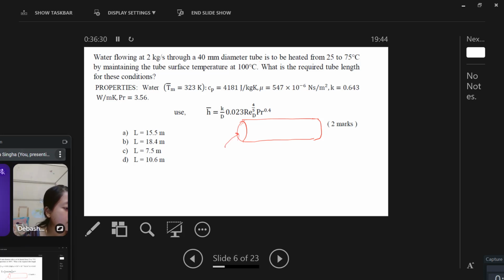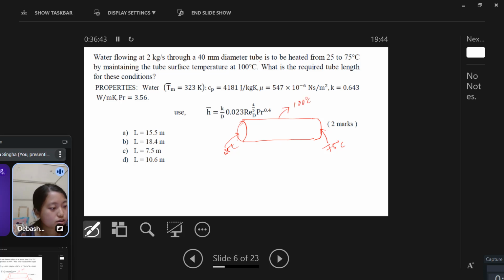So this is 25, Tmi. This is 75, Tmo. By maintaining the tube surface temperature at 100 degrees Celsius. So this is the constant temperature case, not constant flux, because the tube surface is maintained at 100 degrees Celsius.